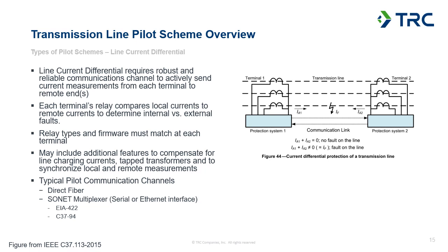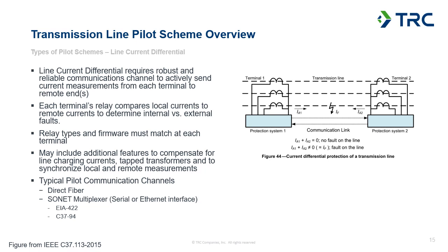It's not quite that simple because there's a few other things that we have to consider: measurement errors, communication delay errors, CT accuracy errors, and saturation performance if the CTs aren't operating and providing an ideal output.